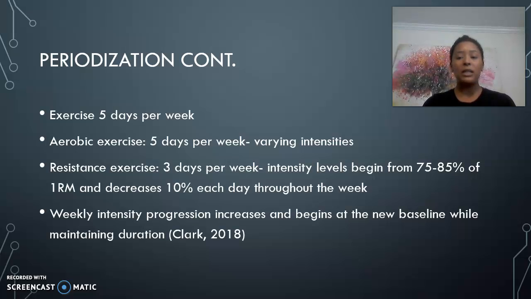By the end of that week, he would be at his lowest percent 1 rep max for the bicep curl. But going into the next week, he would move into a higher intensity level, starting at about, let's say, 76, 77%, and that would be his new baseline to begin with a higher intensity.